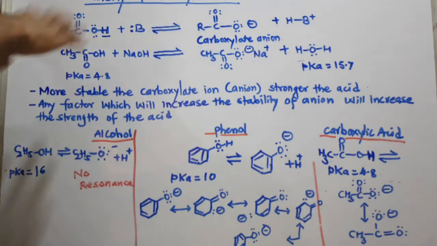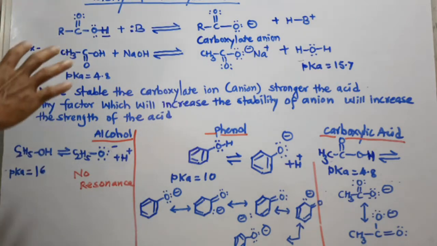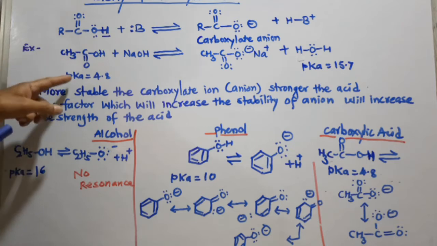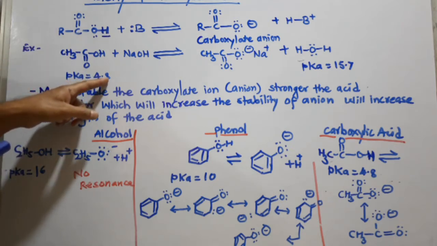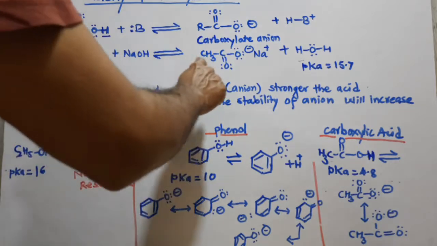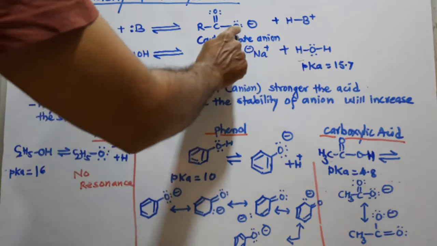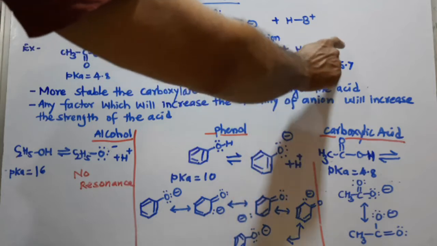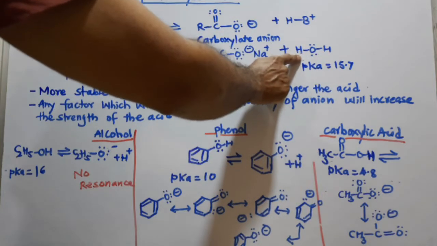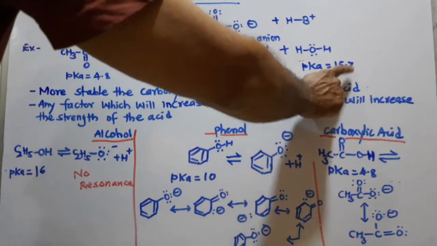These are the conjugate acid-base pairs we have seen here. Now I take one example of acetic acid whose pKa value is 4.8. When this is treated with base NaOH, it gives sodium acetate, this carboxylate anion, and produces water. This is the conjugate acid, another acid generated here, whose pKa value is 15.7.